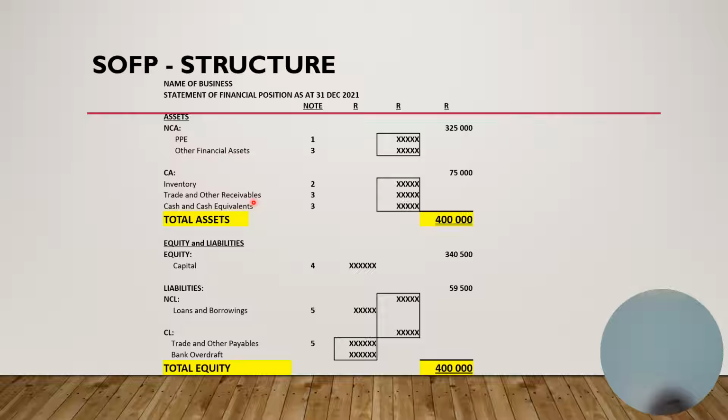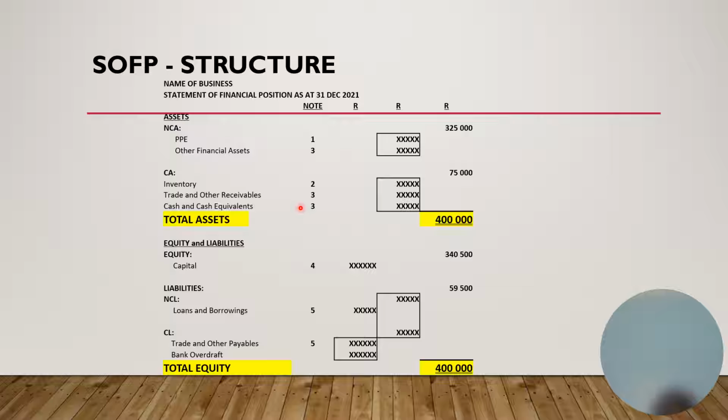Then we go to trade and other receivables, like your debtors. If you want to see how we got this total amount, you go to note number 3, the calculation is there. Also with cash and cash equivalents, how did we get this amount? You go to the note and see the calculation.